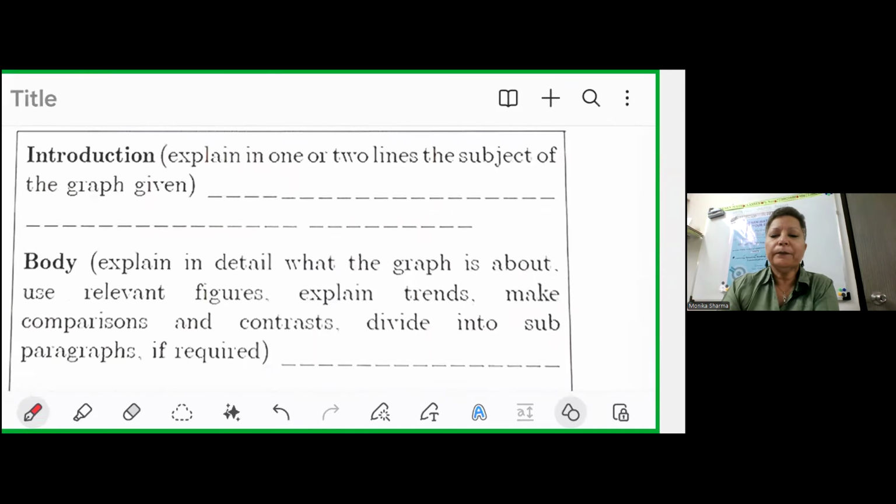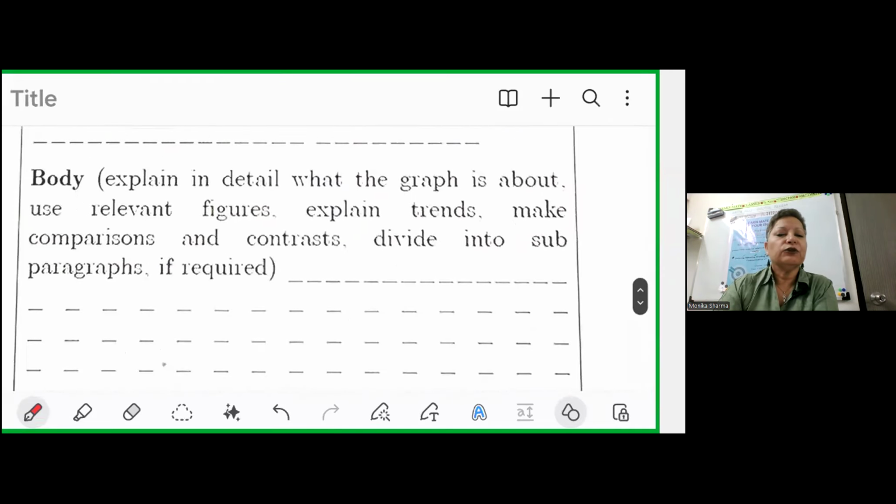Follow it up with the body. In the body, you're going to be explaining in great detail what the graph is about. You have to pick out figures, explain trends, make comparisons, contrasts, bring out similarities, bring out differences, and divide into sub-paragraphs if required. So that would be the body.